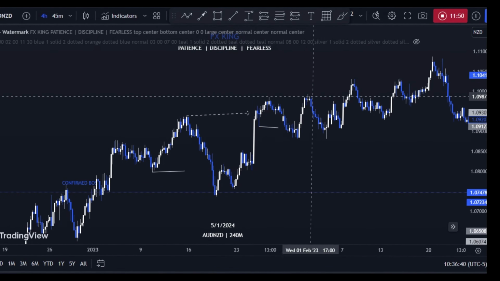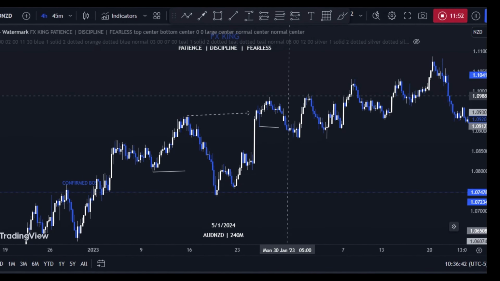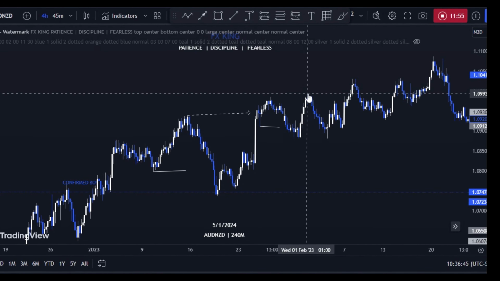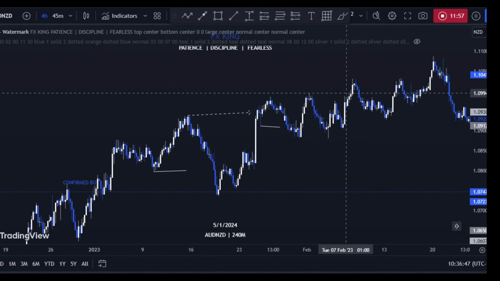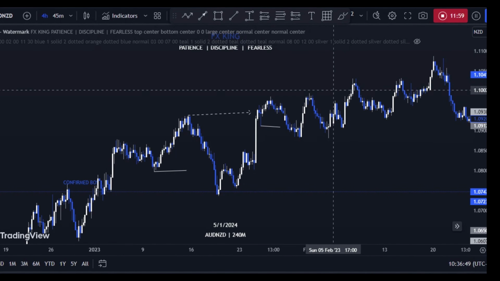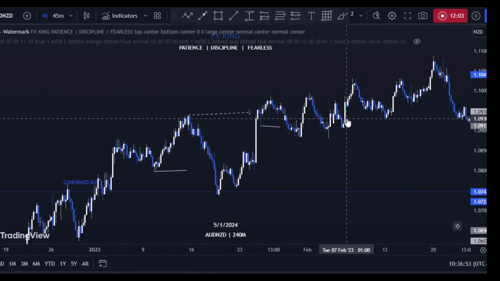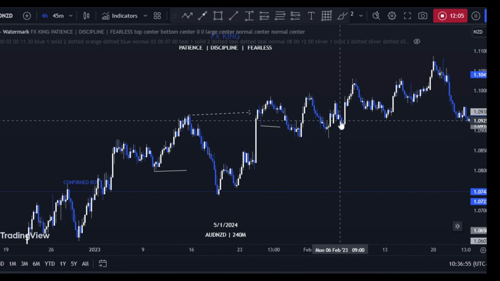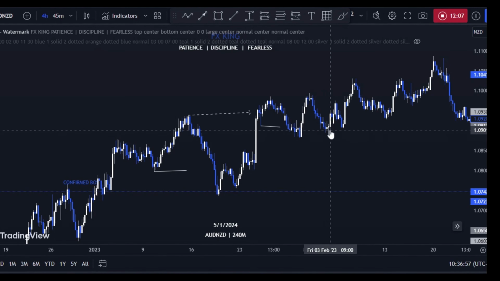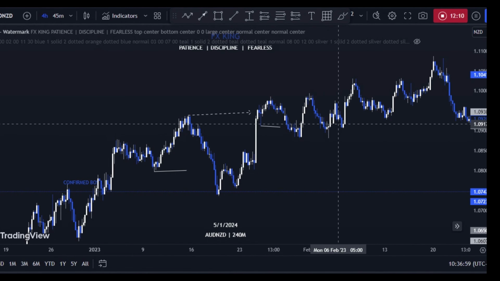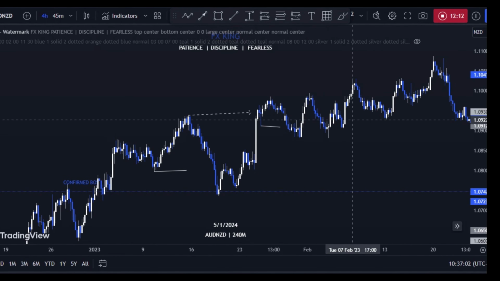In this case, the market failed to break above here, so this high will be transferred here. And you can see that from here, the market finally broke above this with a candlestick. When the market broke above here, we are looking for buys at these POIs. You can see that this POI here is already mitigated by this, and this POI here is mitigated by this. So where are we looking for our buys?